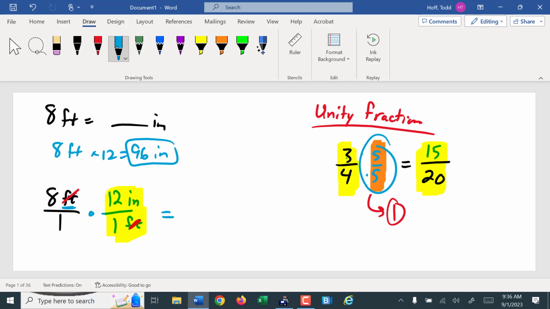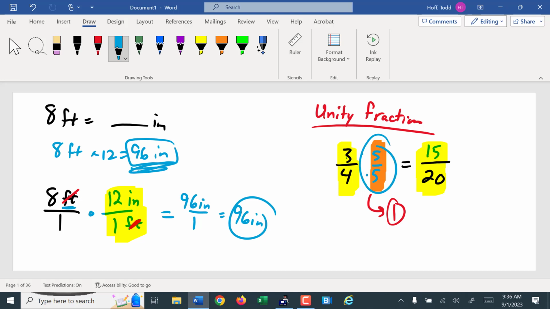So 8 times 12 inches is 96 inches. 1 times 1 is 1, so 96 over 1, that's just 96 inches. Well, we got that up here by doing the shortcut, which is fine. For those measurements that we're familiar with, doing that shortcut is okay.